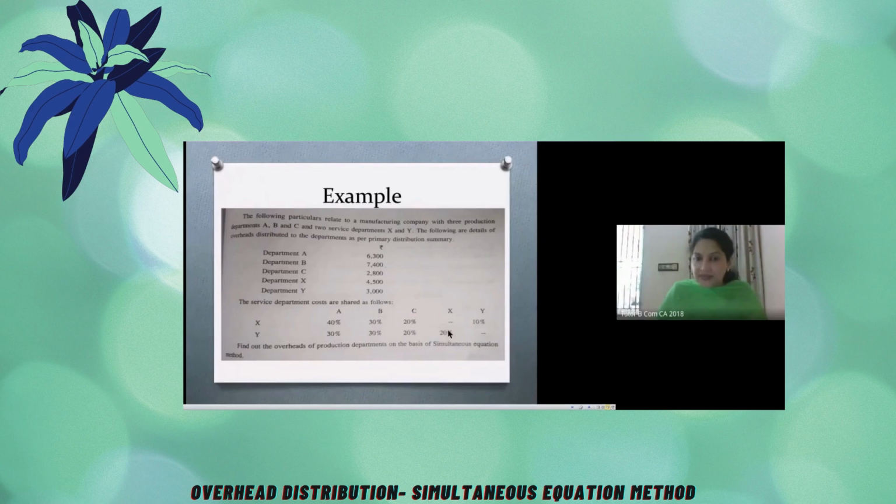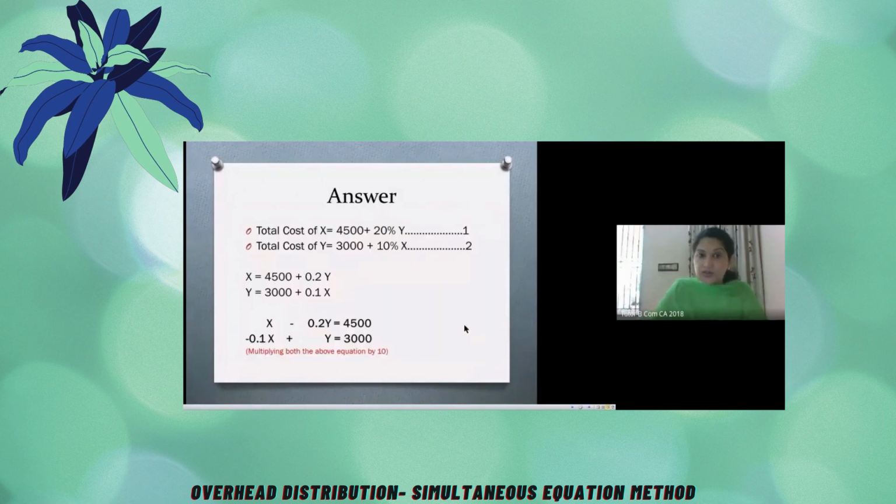From here we can see that it is total cost of X. See, X includes 4,500 plus, from the question we can understand that 20% of Y is shared with X and 10% of X is shared with Y. I'm sorry, that's what I put here.